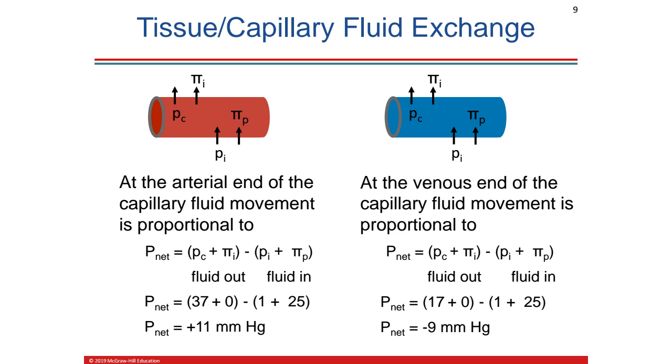This means that there's a net pressure that would lead to the movement of fluid out of the capillary into the interstitial space. At the venous end, the net pressure is negative 9 millimeters of mercury. This means there's an overall net pressure that pushes fluid from the interstitial space back into the capillary.